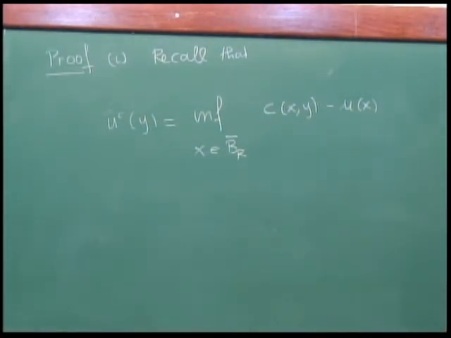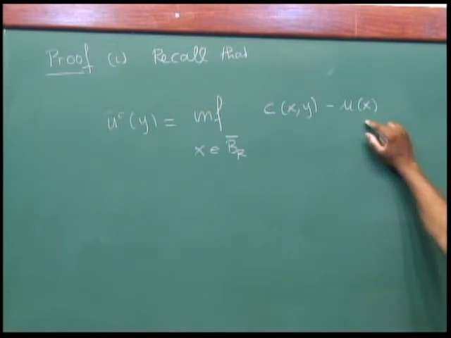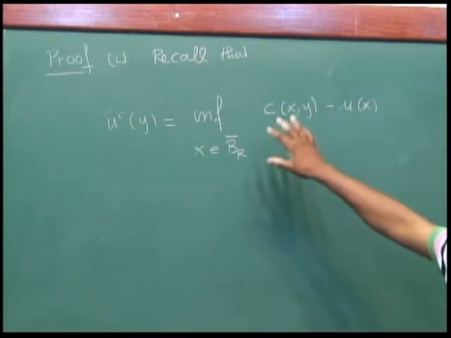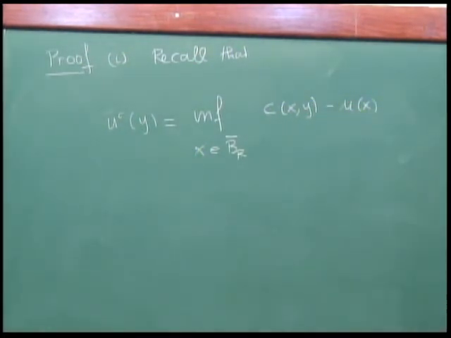Okay, because outside the ball, U is negative infinity, negative U is plus infinity. And so if we exclude the situation where this function is plus infinity, we are not losing any generality.